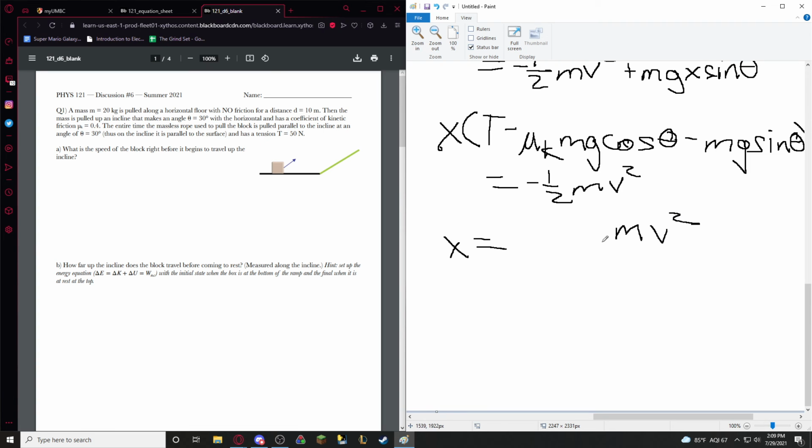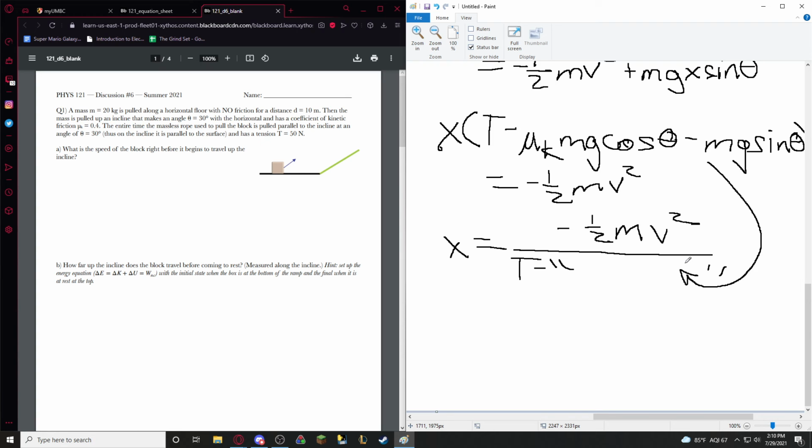So then we just have x is equal to negative one half mv squared over all this stuff, t minus all this stuff here. And then we just solve for it, right?